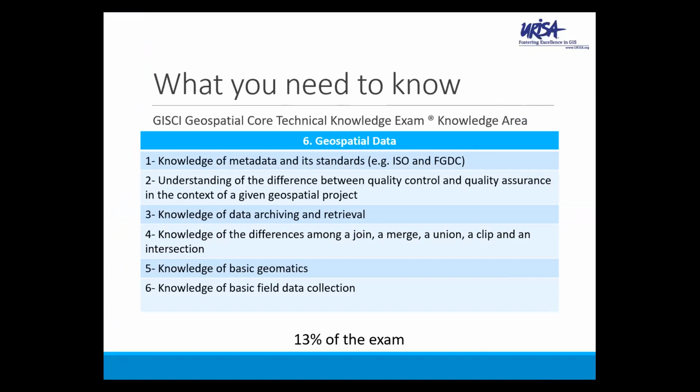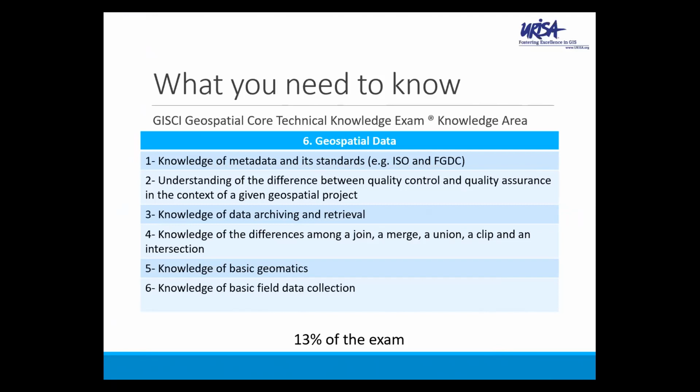And to that end, one of the things that I do for the Southwest Florida Water Management District is I manage our quality control team, our QC team, for both photogrammetry and LIDAR and other remote sensing projects. So we'll talk a little bit about that. The third area of knowledge regards data archiving and retrieval, data storage, the things that are required sometimes by law, state law and statute for data storage.